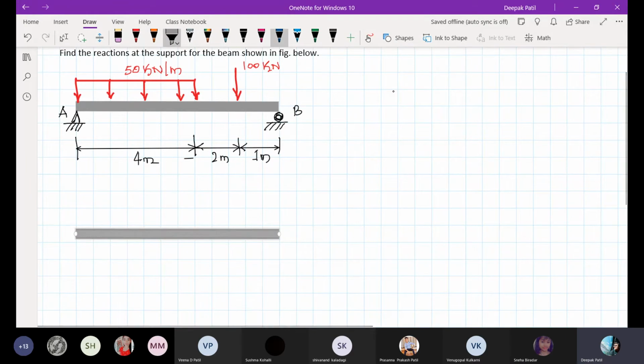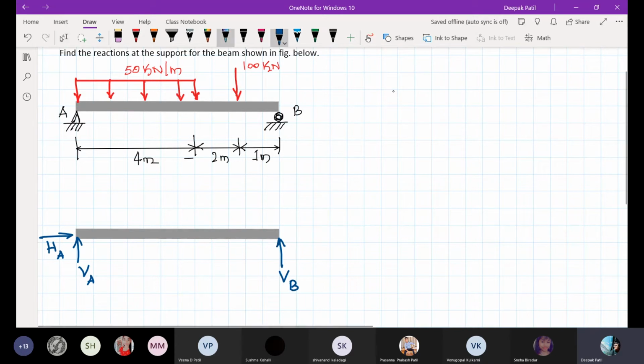Next, draw the reactions. Since A is a pinned support, there will be two reactions. One is vertical, call it VA, and the other one is horizontal, call it HA. And at B there is a roller support, so only one vertical reaction, call it VB.